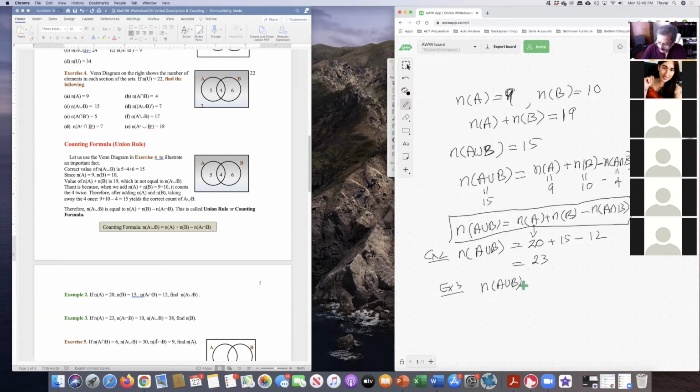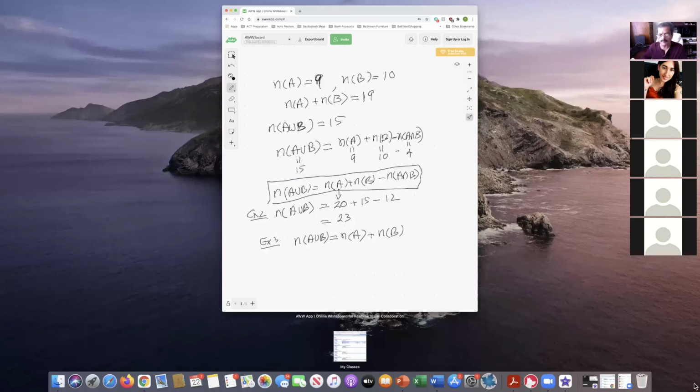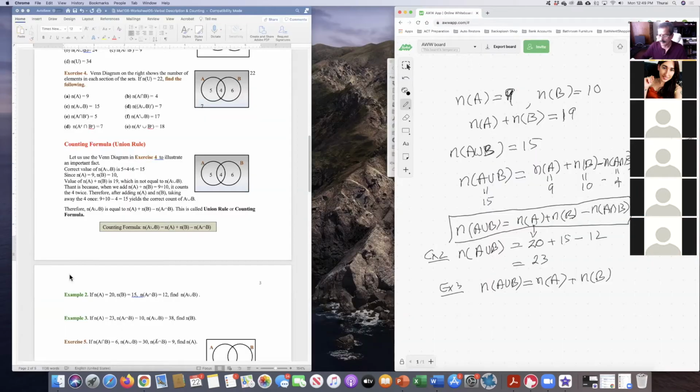Count of A union B equals count of A plus count of B minus count of A intersection B. In this case, they're not asking for the union. The count of the union is given as 38, so put that number in for 38. Count of A is given as 23. Count of B is unknown, so put an X in place of that.